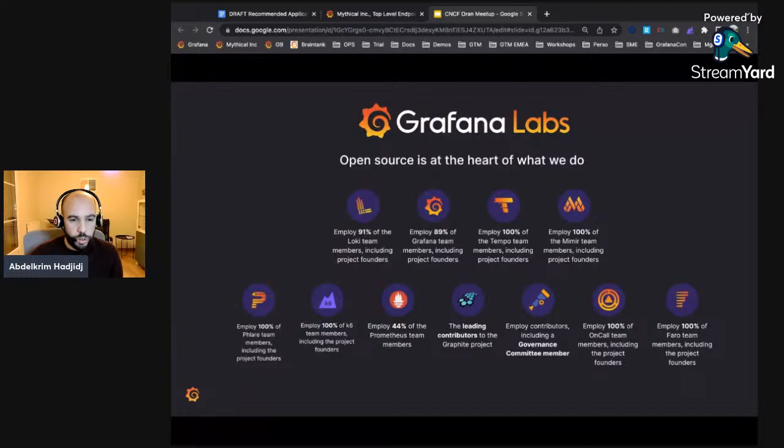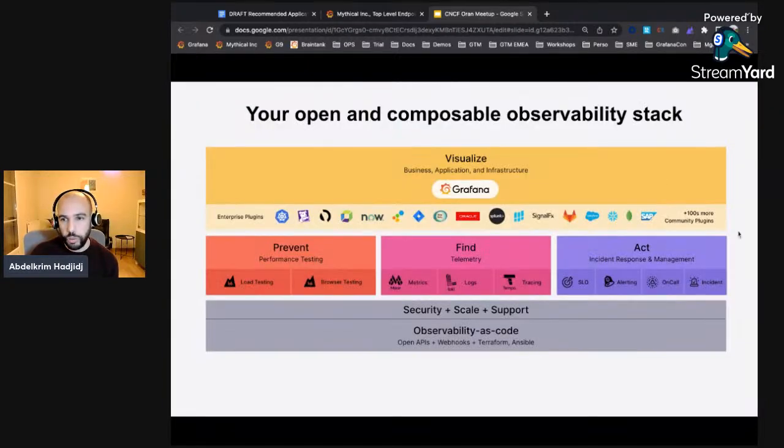I also participate in projects like Prometheus or OpenTelemetry if you are looking to do tracing and monitoring of microservices applications. We have also announced other open source projects like Pyroscope, which is for profiling, or Faro for front-end monitoring. So the idea here is that we are contributing to different projects to make monitoring much easier.